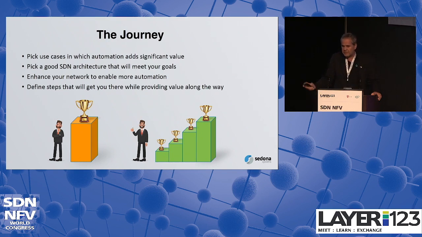An example is optical networks, which can be switched and therefore provide a lot more value once automation is there. And finally, once you've picked the use cases, you have the architecture, and you have the right platforms, you have to define the steps which will get you there and the value that you will get at each step of the way. So this is the process that we see and we're working with our customers to achieve.